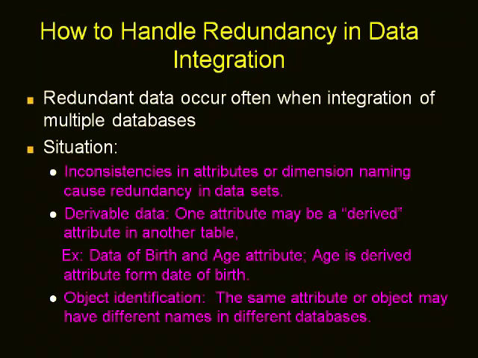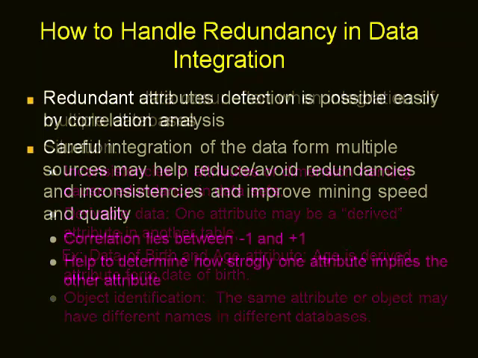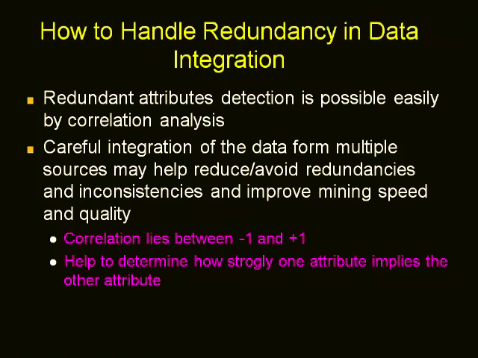Then the question is, how do we detect whether the attribute is redundant or not? To detect such redundancies, we generally use the concept called correlation analysis. That means correlation analysis is useful in detecting the possible redundancies.